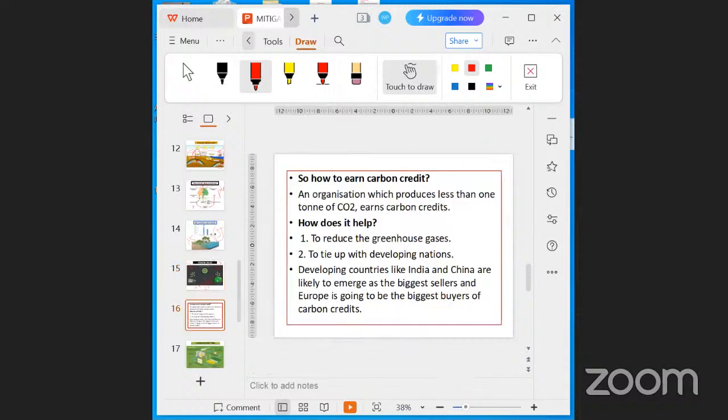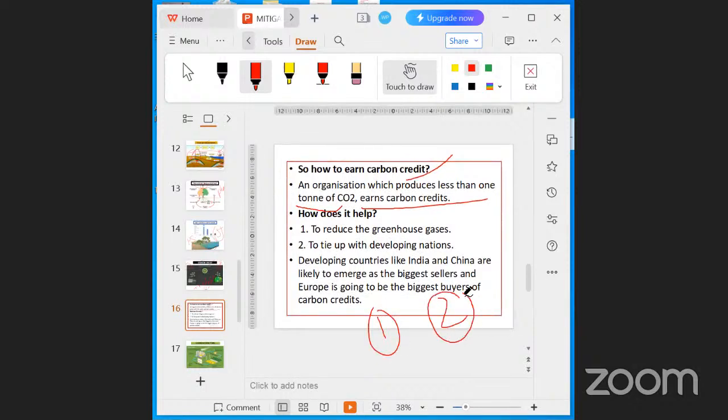So now, how to earn carbon credit? See, an organization which produces less than 1 ton of carbon dioxide earns carbon credit. So for example, I have a company and you also have a company, right?